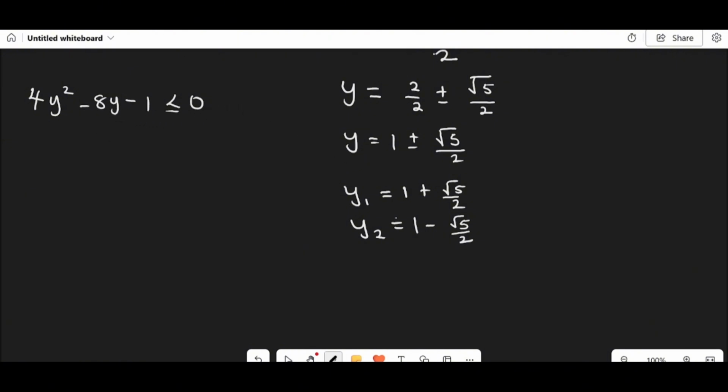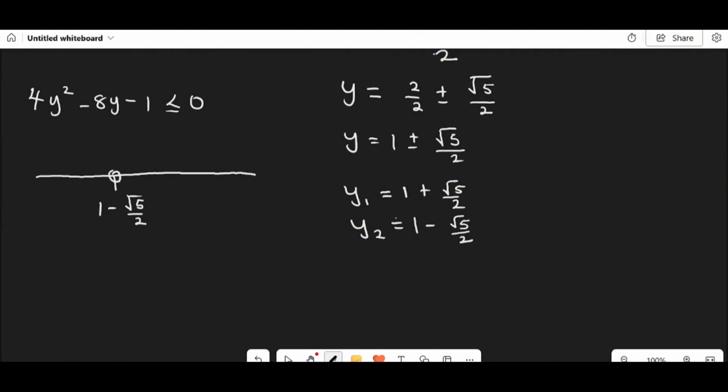Now let us use the line test to determine the intervals that satisfy the inequality. Let us draw a horizontal line. Let us say here we have 1 minus root 5 over 2 is 0.